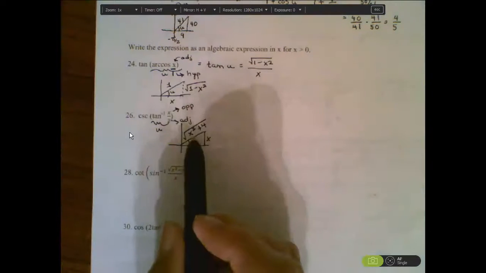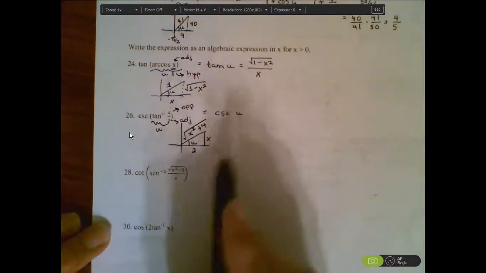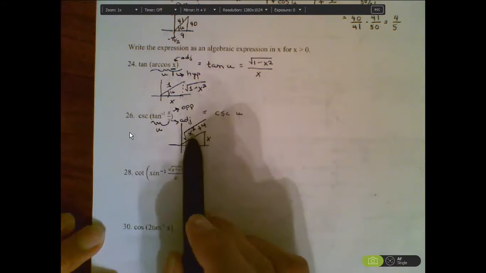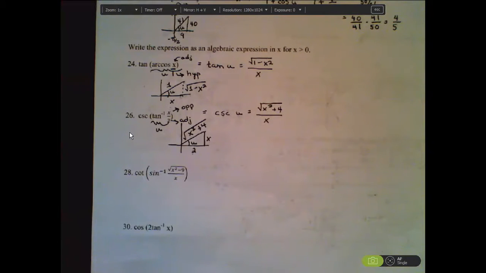And now that I have all 3 sides of that triangle labeled, I can find the cosecant of this angle u. Cosecant's the reciprocal of sine. Sine is opposite over hypotenuse. So cosecant is hypotenuse over opposite. Very, very cool.